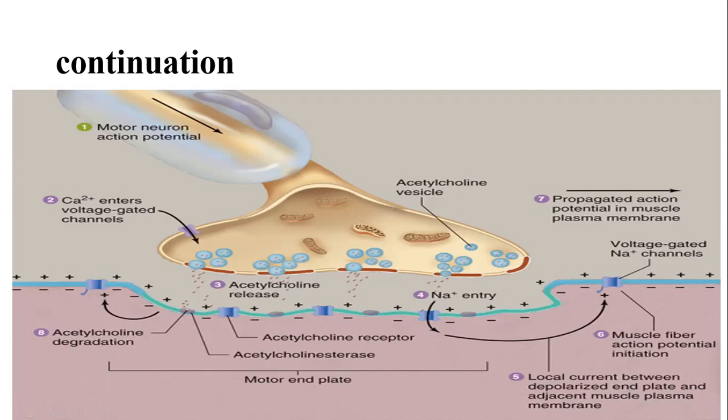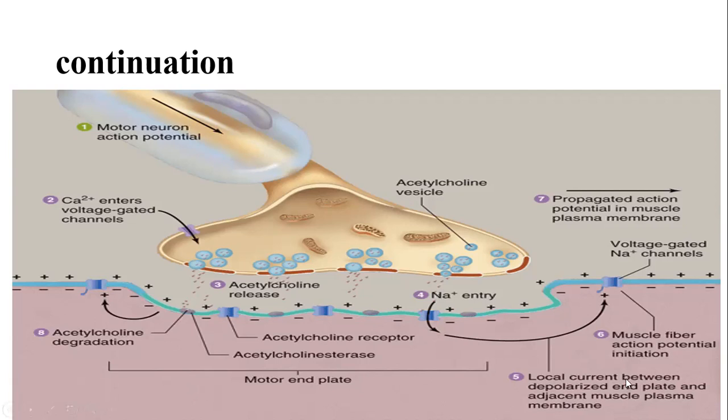In short, the ACh is going to cause the opening of the sodium channels and allow the entry of sodium into the cell. As sodium enters, it causes depolarization. Then that depolarization is going to trigger a muscle action potential.